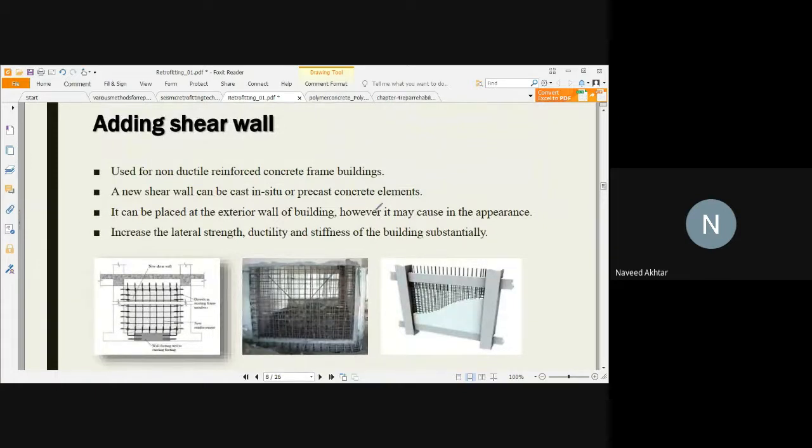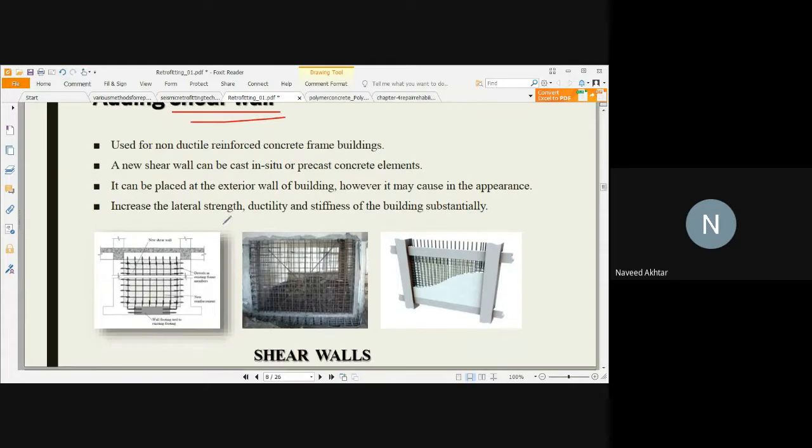You can see the addition of a shear wall in between the columns to increase the strength, ductility or stiffness of the building. The shear walls are additionally added to the structure.